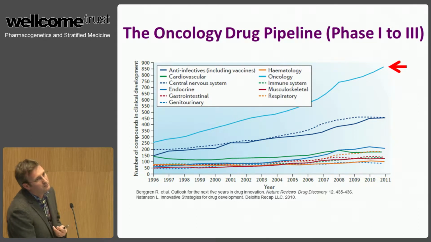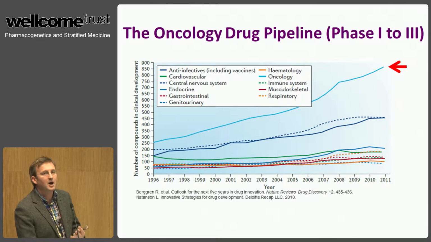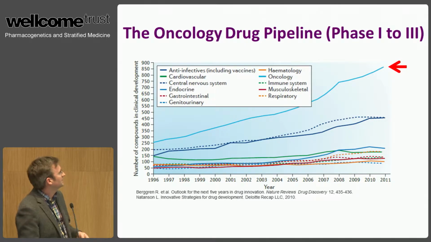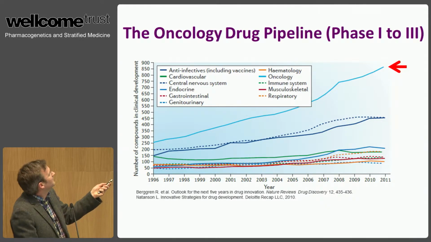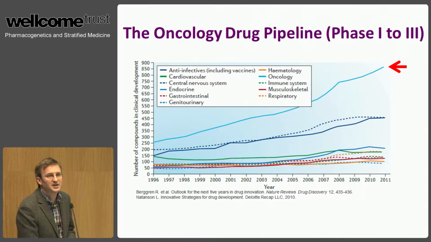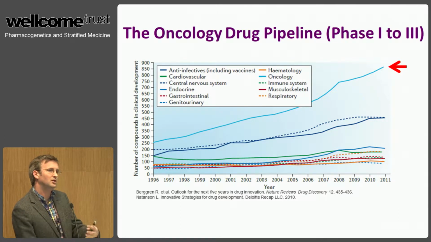And indeed, there are a number of new therapies coming through the pharmaceutical industry's pipelines. That's depicted here, where you have the year and the number of compounds in clinical development. The key one here is oncology. You can see that there are literally hundreds of molecules coming through this drug development pipeline.